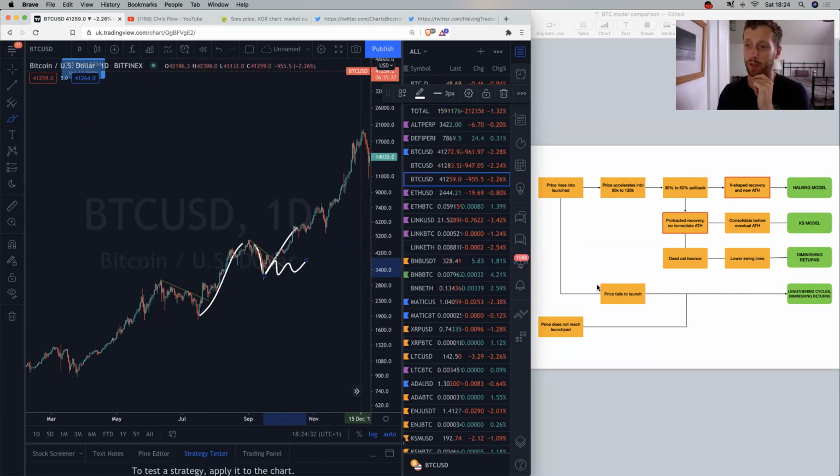If so, that's probably looking like the KS model. No protracted recovery and no immediate all-time high. And if we make a new all-time high straight away, we have a lot of momentum, of course. We're coming out of the final dip really, really hot, and probably price is going to spike up very, very high, whether that's 200, 250, 300 or more. So we'll be looking at that price action at that time.